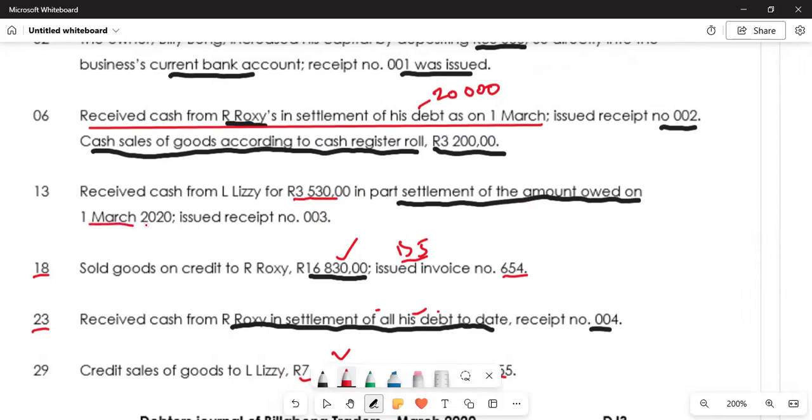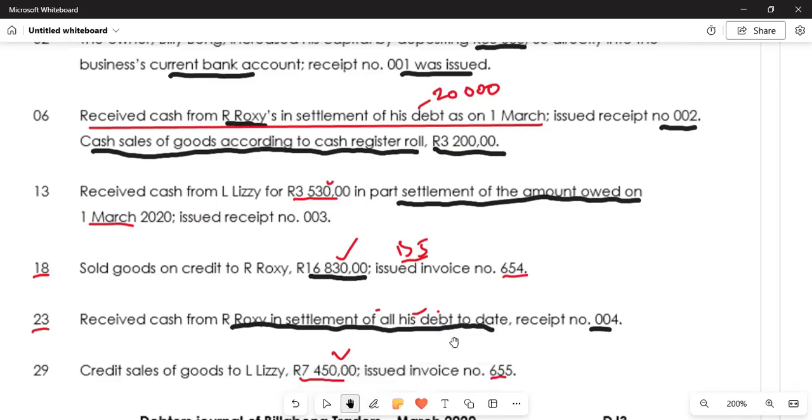How much was the amount owed on the 1st March 2020? 15,000. So she didn't pay all of that. Lizzie managed to pay part of it, which is 3,530. That's what we are going to receive in our cash receipt journal. This is the amount that we are going to receive.